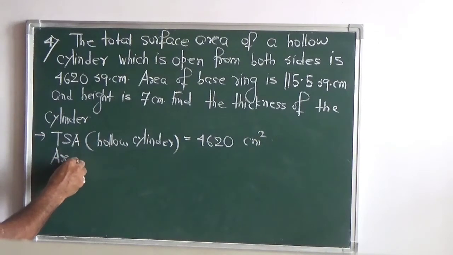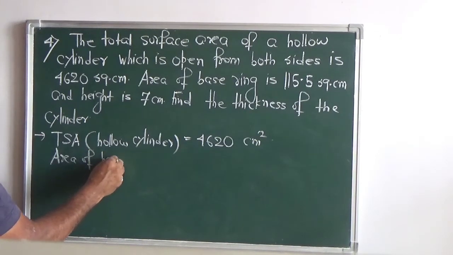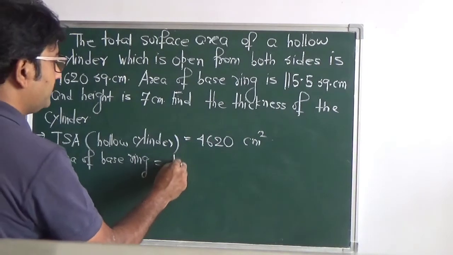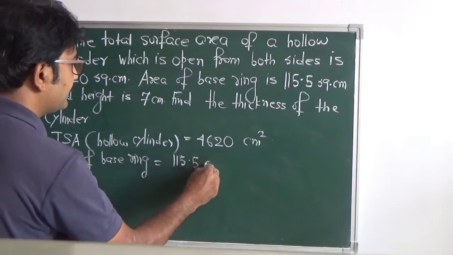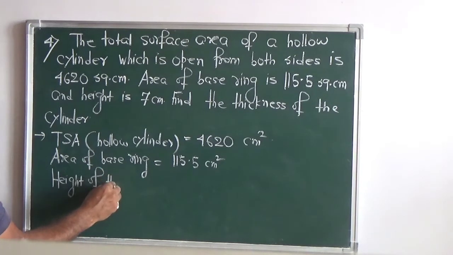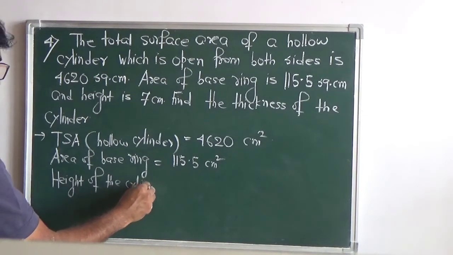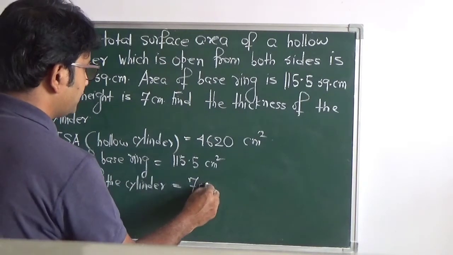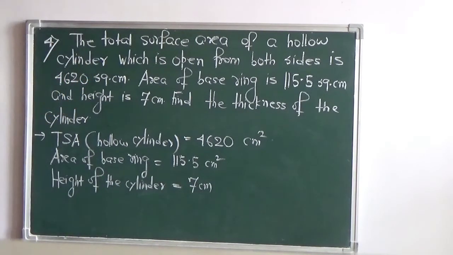Let us note the area of the base ring, and that is given as 115.5 centimeter square. Okay. Then we have been given the height of the cylinder, and that is given as 7 centimeter. So these are the information which is available in the question.